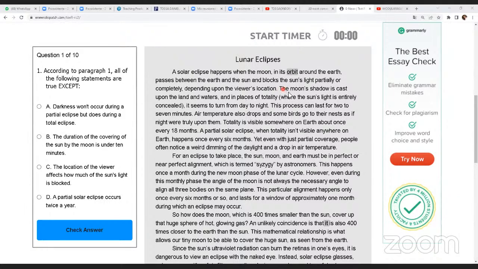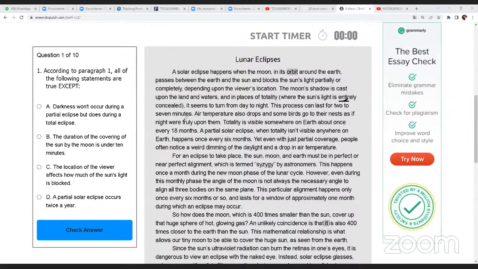The moon's shadow is cast upon the land and waters, and in the place of totality, where the sun's light is entirely concealed, it seems to turn from day to night. This process can last for 2 to 7 minutes.